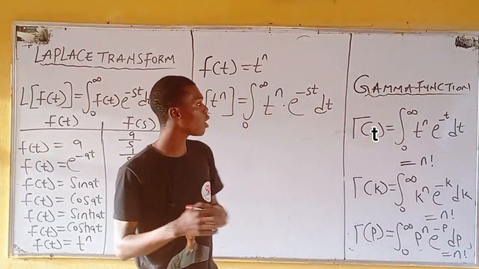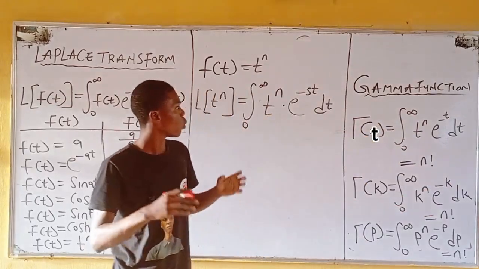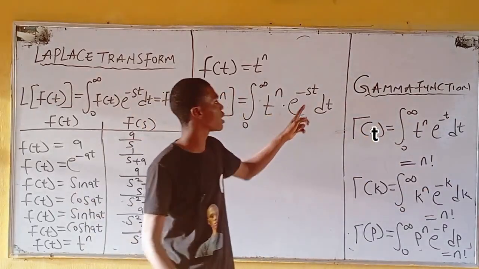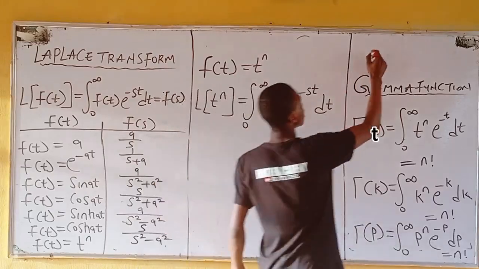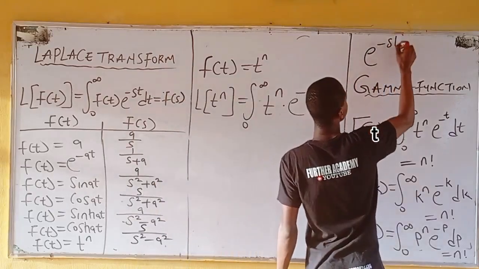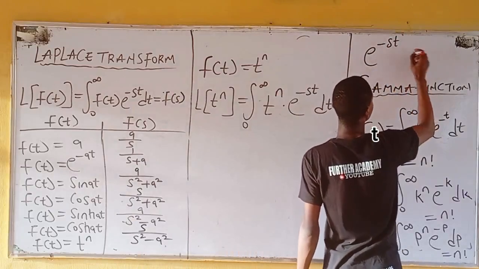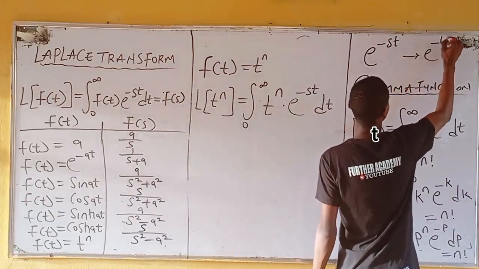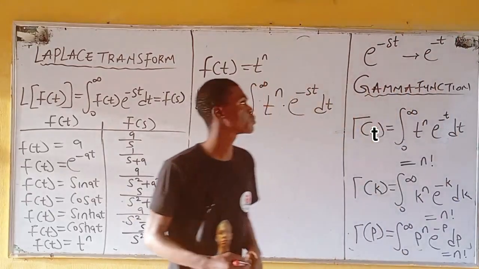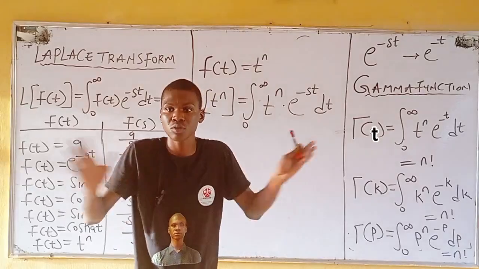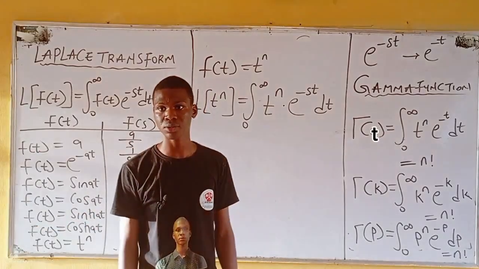Now, what is the possible way in which you can write exponential raised to the power of negative st as exponential raised to the power of a single variable? Are you getting that at all?